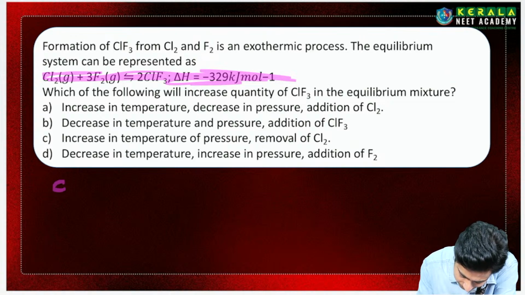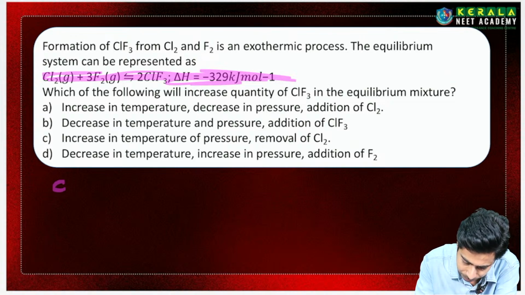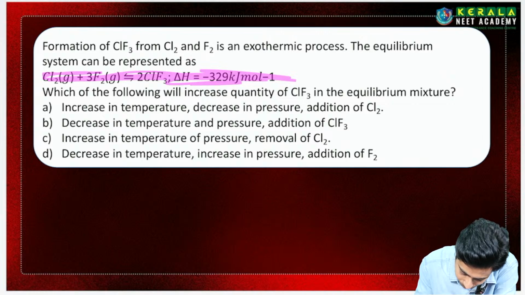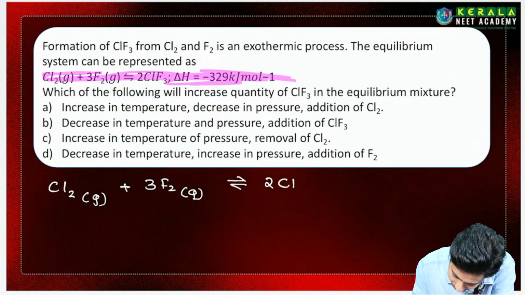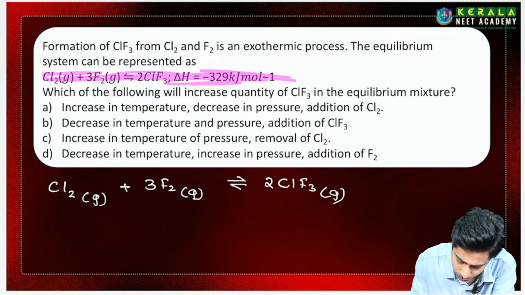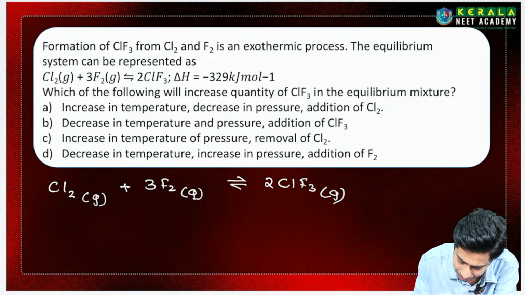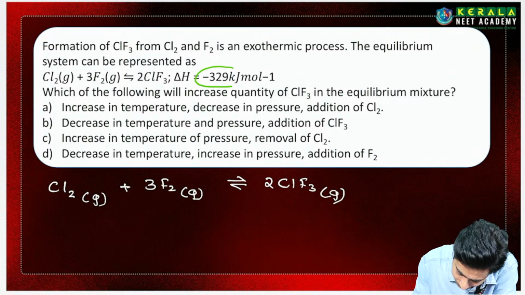Cl2 gas plus 3F2 gas in equilibrium with ClF3 gas. And see what is the value of delta H. Look at the value of delta H here. The value of delta H is minus 329.